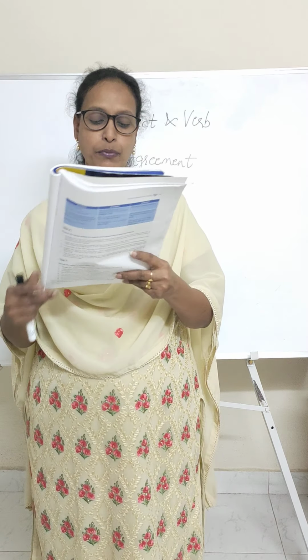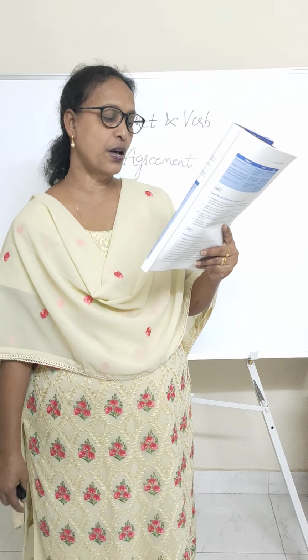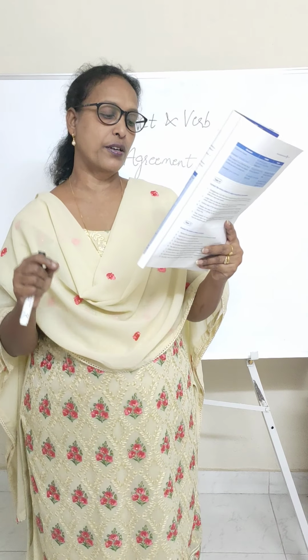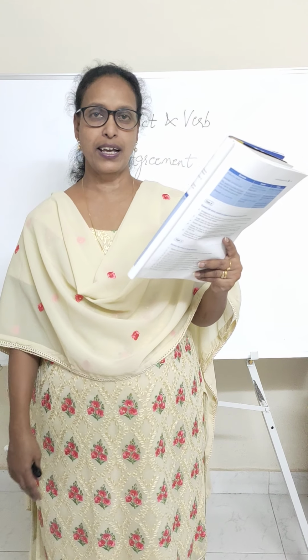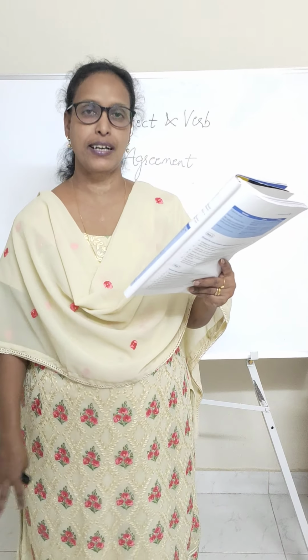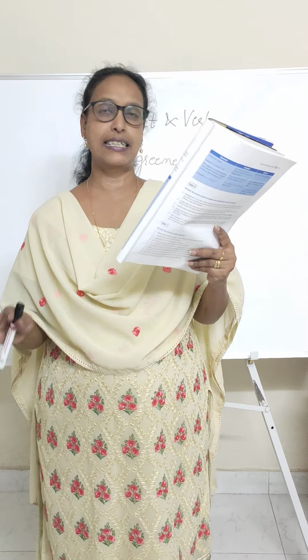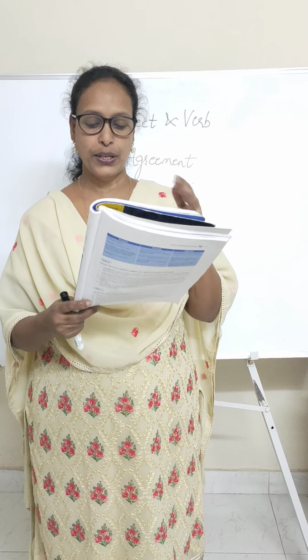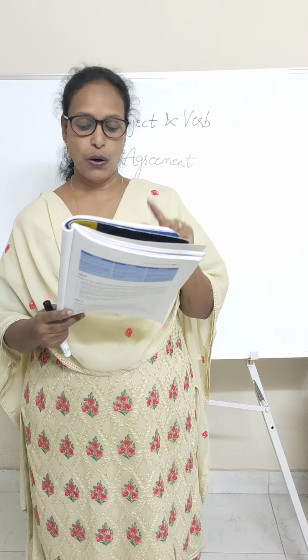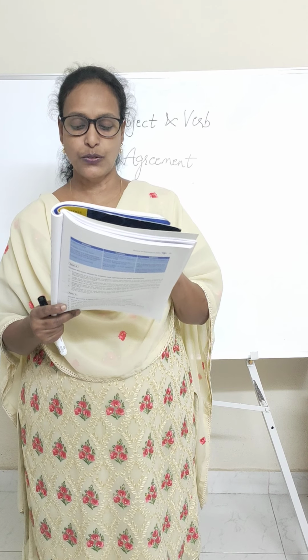And then we come to the next sentence, which is one of the subjects joined by or, nor is plural. So you are using or or nor, and one subject is plural in number. The example is David and his brothers, right? The example sentence given here is either David or his brothers are going for the party.